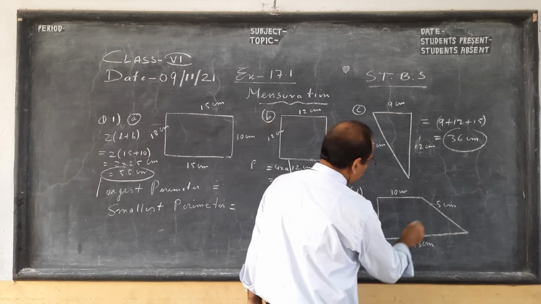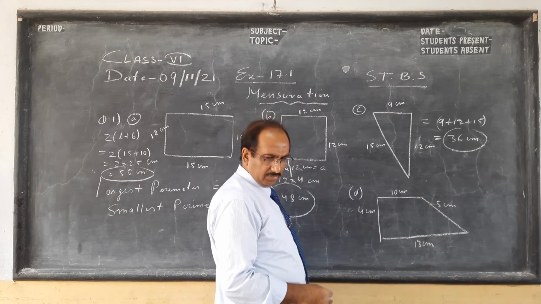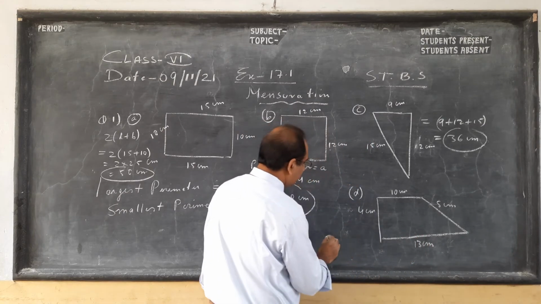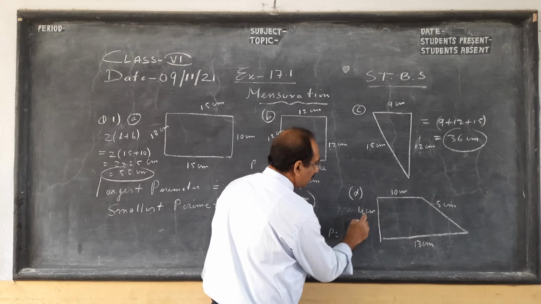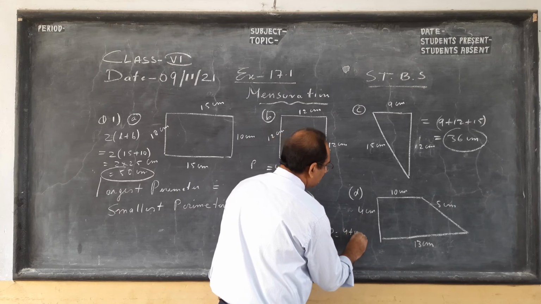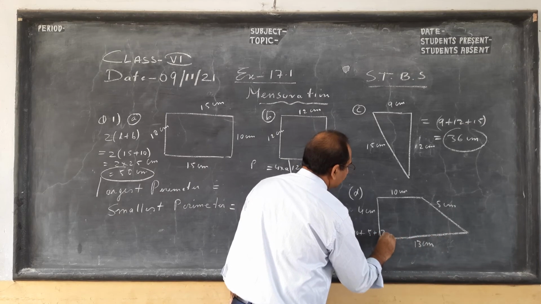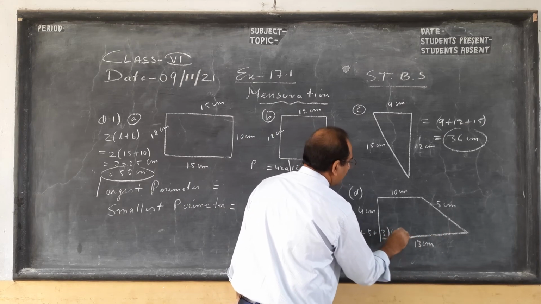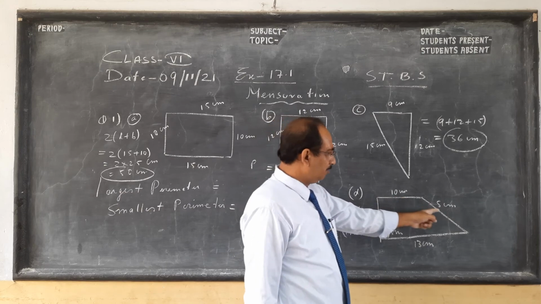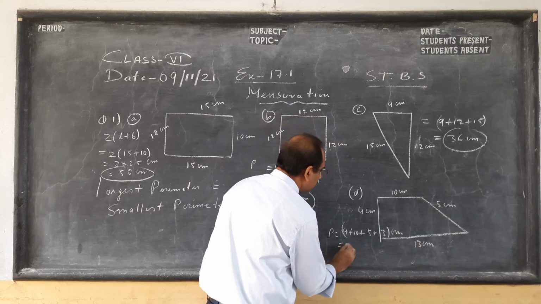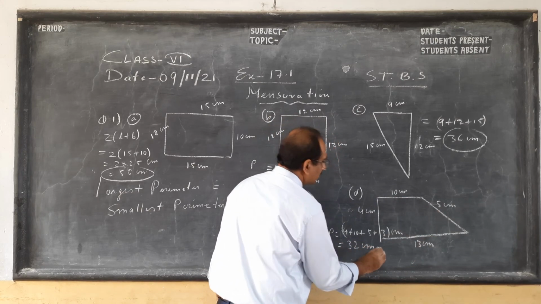Last one, number D. This looks like a trapezium. Okay, later on you will see what a trapezium is. So perimeter here, children, is 4 plus 10 plus 5 plus 13. So if you add, 14 plus 5, 19 plus 13, 32 centimeter.